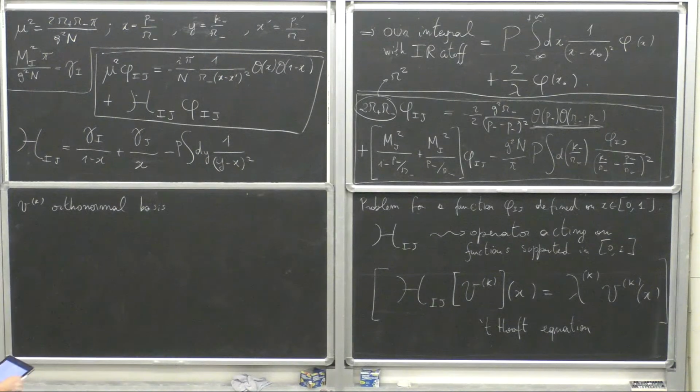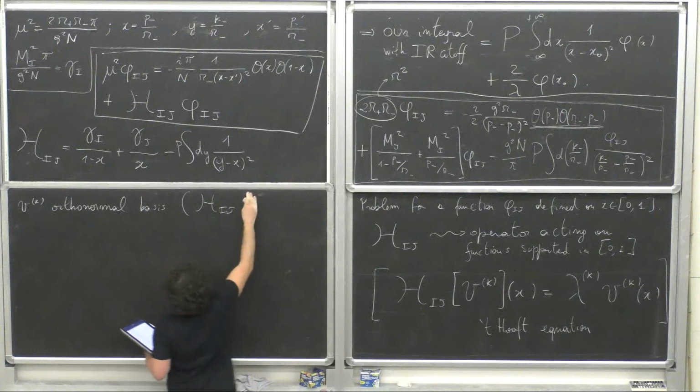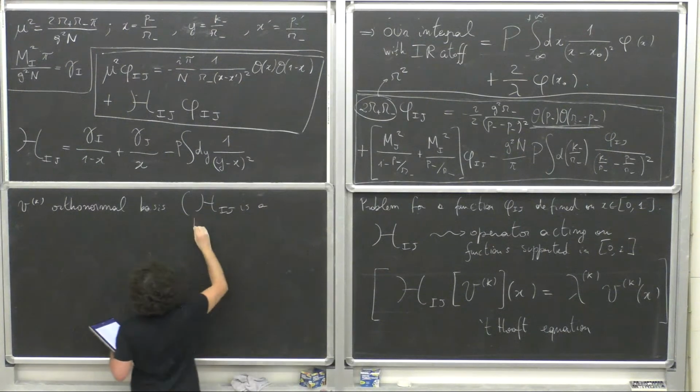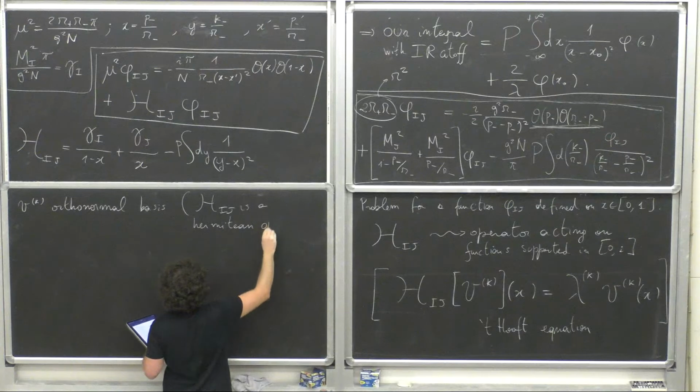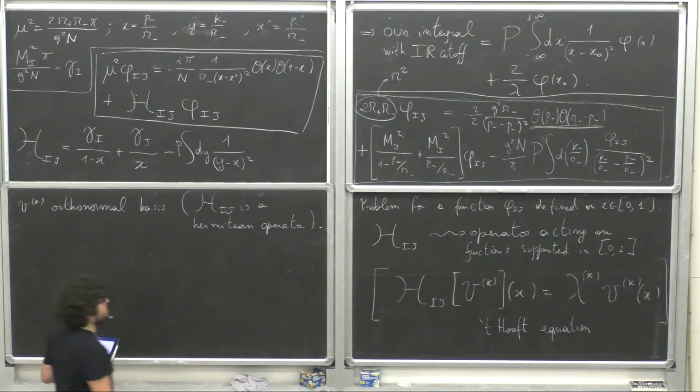If I want to do that, what do I need to require? I need to require that H_ij is a Hermitian operator. Okay? Then I can hope to find some orthonormal basis of eigenfunctions.